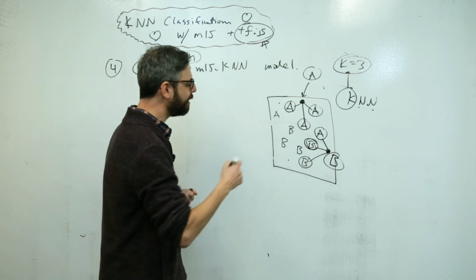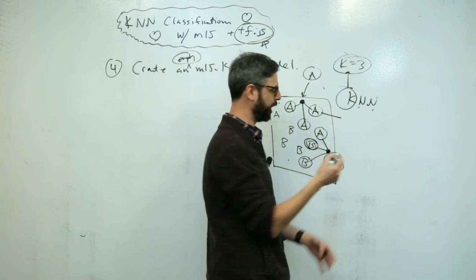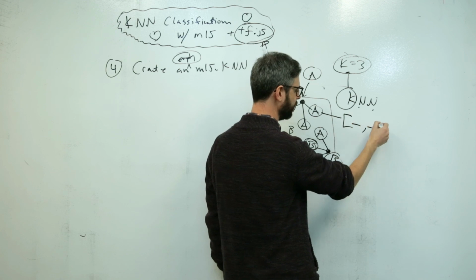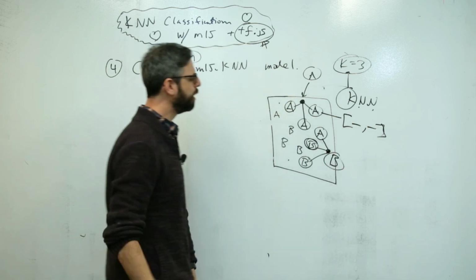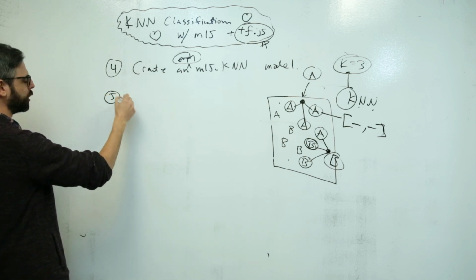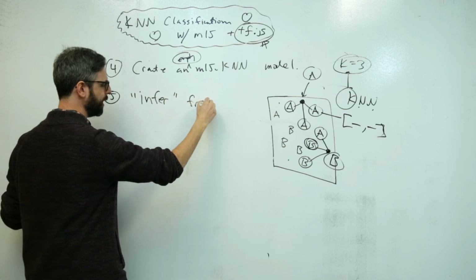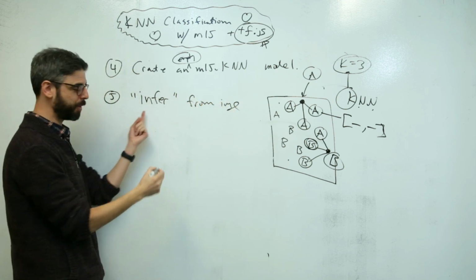So you could think of each one of these points in two-dimensional space as the logits that just has 2 values. It's x and y coordinate. But what the feature extractor does, so I'm going to say like infer from an image, right? Remember this step from the previous video.